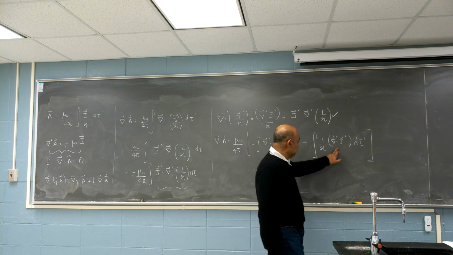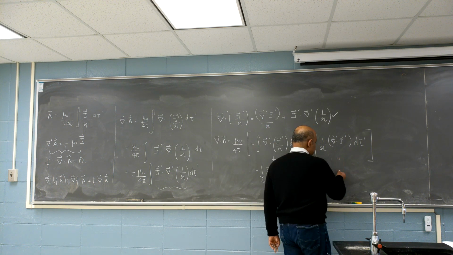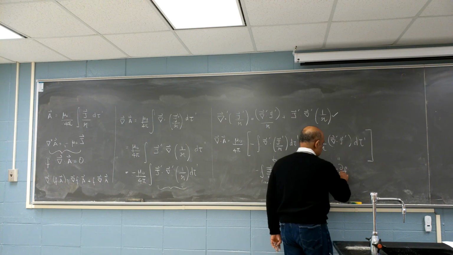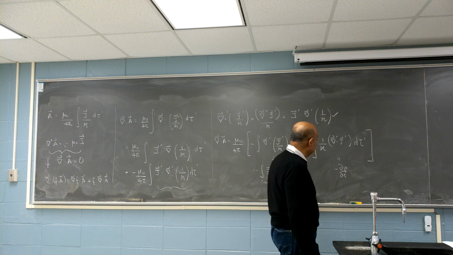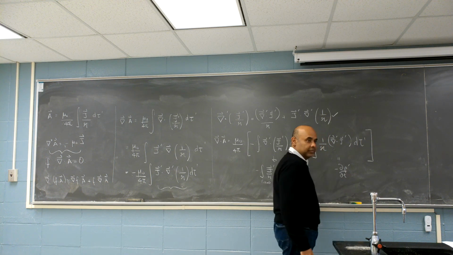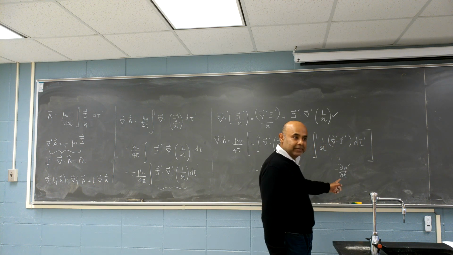Now this one, from the continuity equation, is the divergence of J prime, maybe I should say minus partial rho prime by partial t. But this is steady state. So in steady state, what do you have? 0.